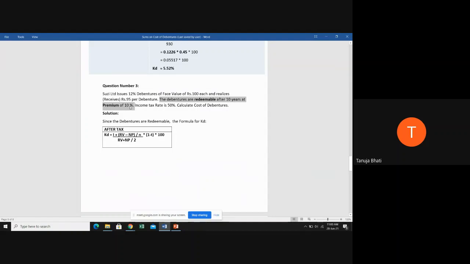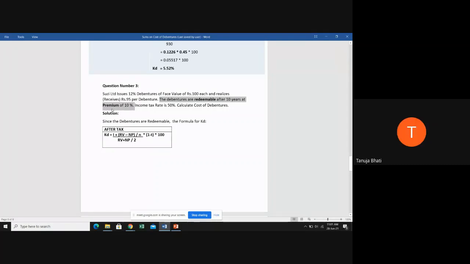Tell me what my RV should have been. Face value minus the discount, 90. Okay. Now, suppose the debentures are redeemable after 10 years at par. What is the redeemable value or repayment value? Only face value, 100 rupees.